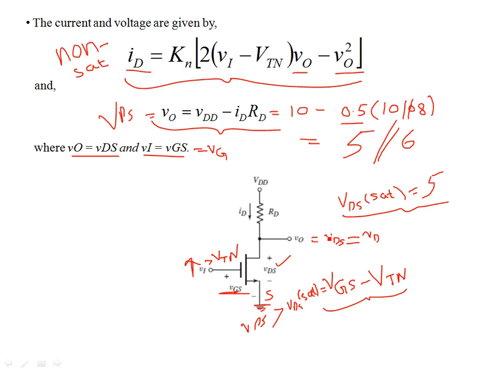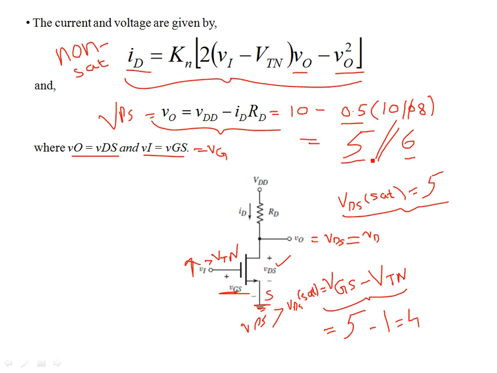ID is 0.5 amps. Okay. So this can be written as VGS is, well, that's what we have to determine, but you have VTN as 1 volt. So let's say if we keep VGS as 5 volts and threshold voltage is given as 1, then this comes out to be 4, because 5 is the minimum. Okay, the V naught, depending on the variation in RD, 10 to 8 ohms, will have a minimum value of 5 volts, and maximum value of 6 volts.